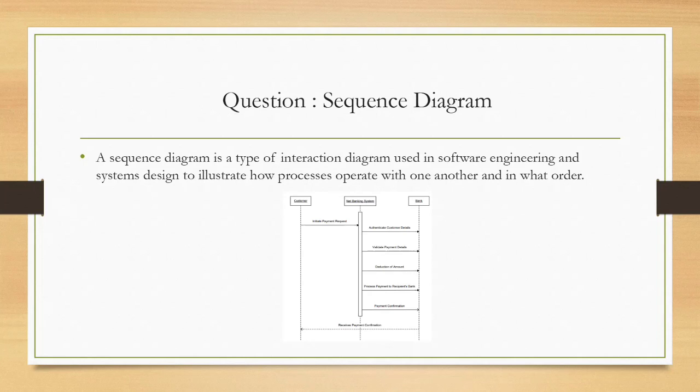As a business analyst, we need to know about the sequence diagram, how they represent the actors, and how these interactions go on. This is how you draw the sequence diagram.